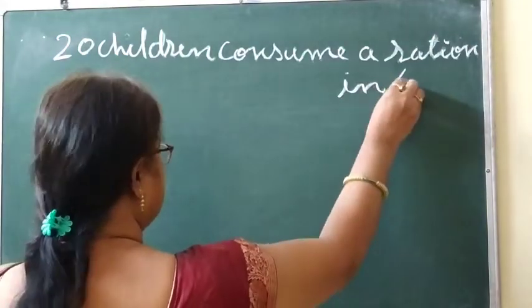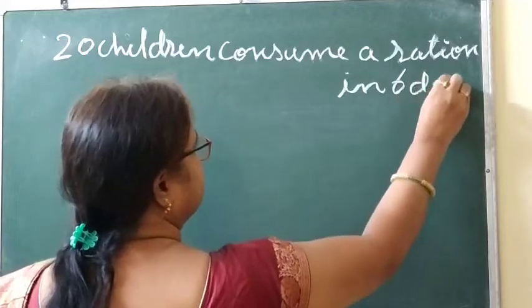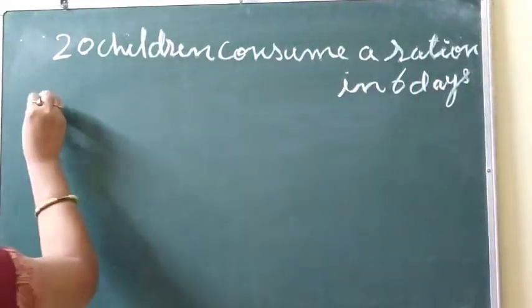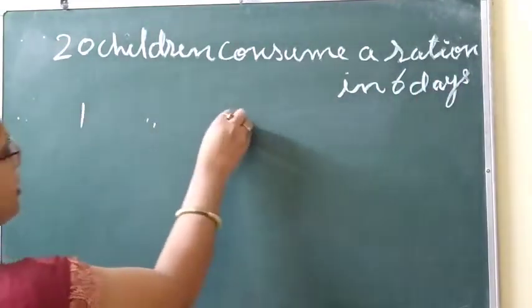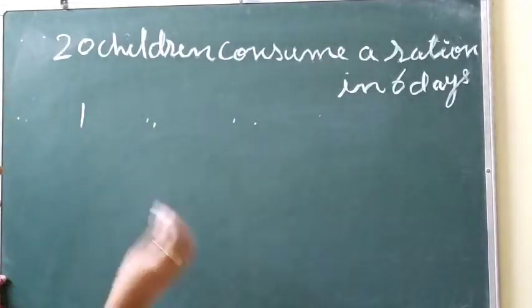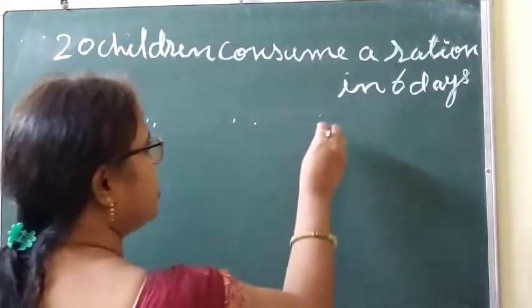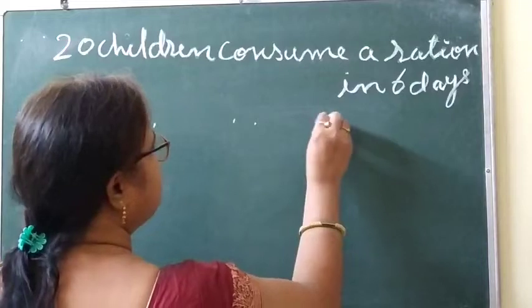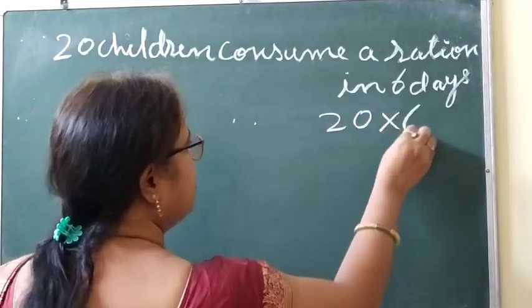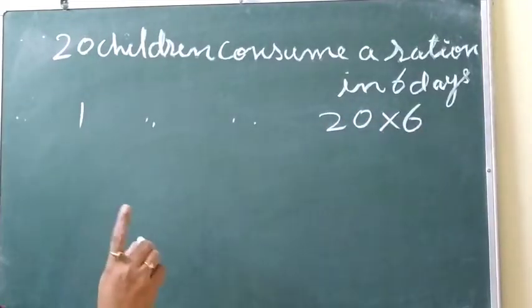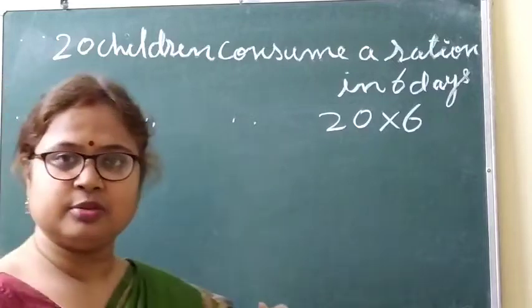In 6 days. Clear? So therefore, one child will consume the same ration in more days or less days. Of course, it will take more days, so we will multiply. So 20 into 6. Now, what was the question? 5 did not return to the hostel.